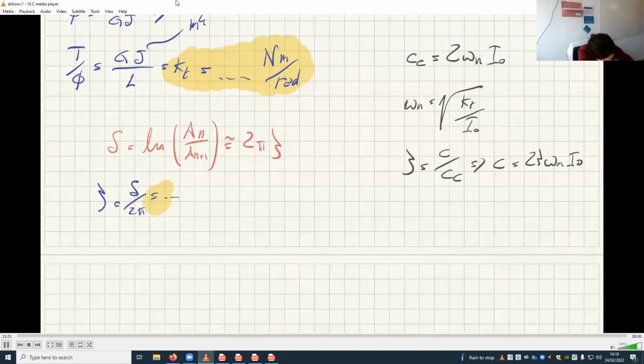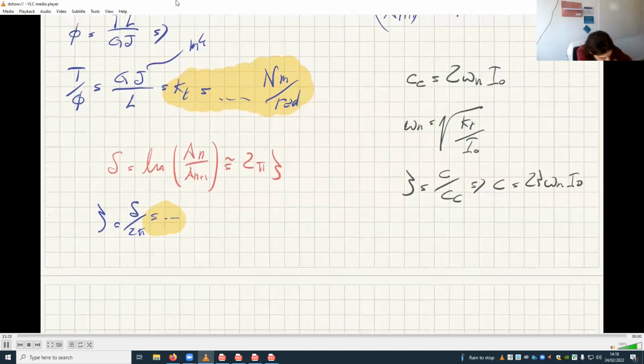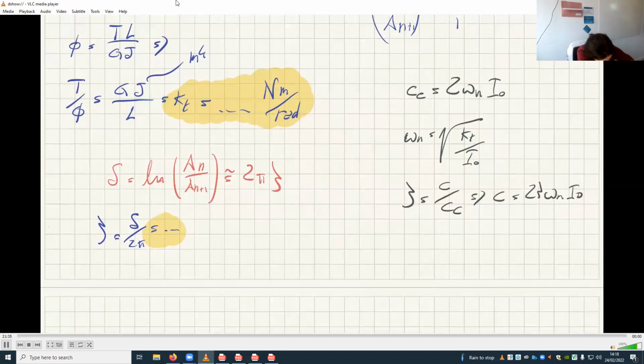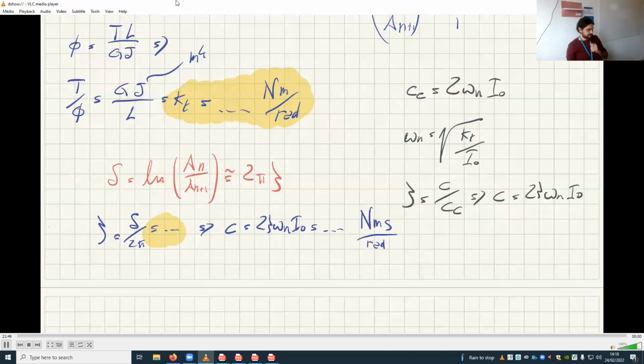And this is important because now that we have zeta, we can find C. So C is equal to 2 zeta omega n I0, which is also something in Newton meter second over radian. That's for the torsional damping coefficient.